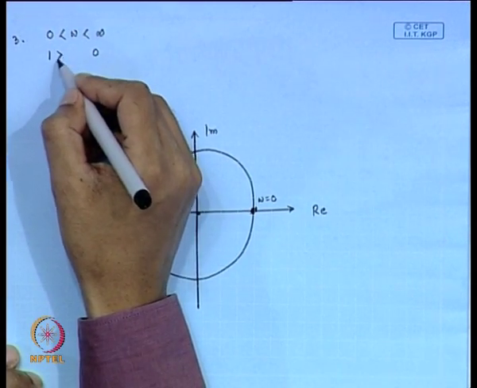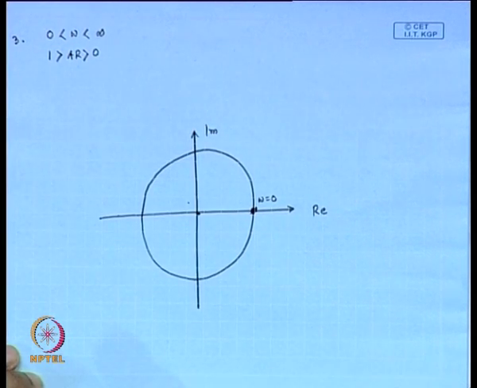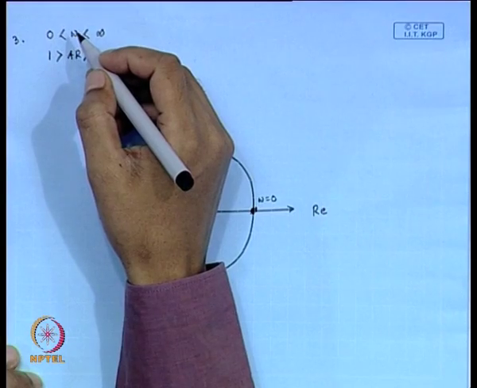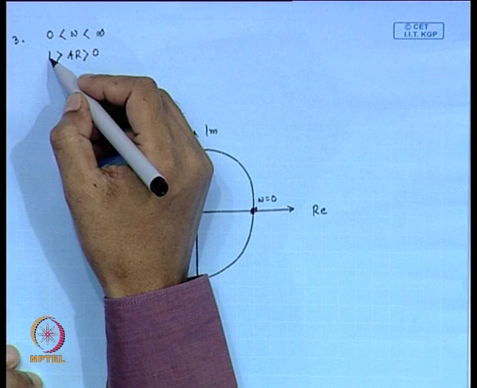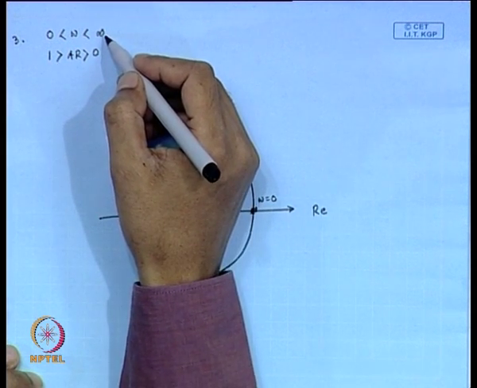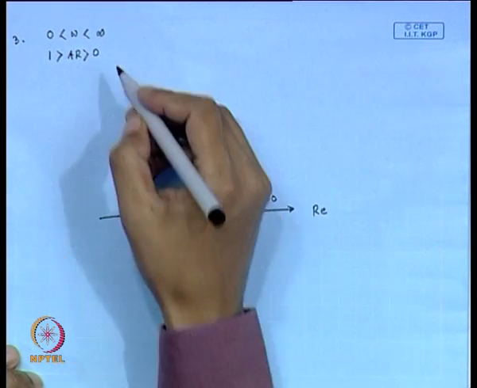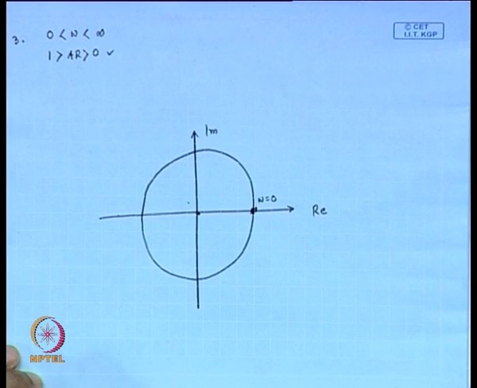So, we can write like this. When we consider omega infinity, we obtain amplitude ratio 0.